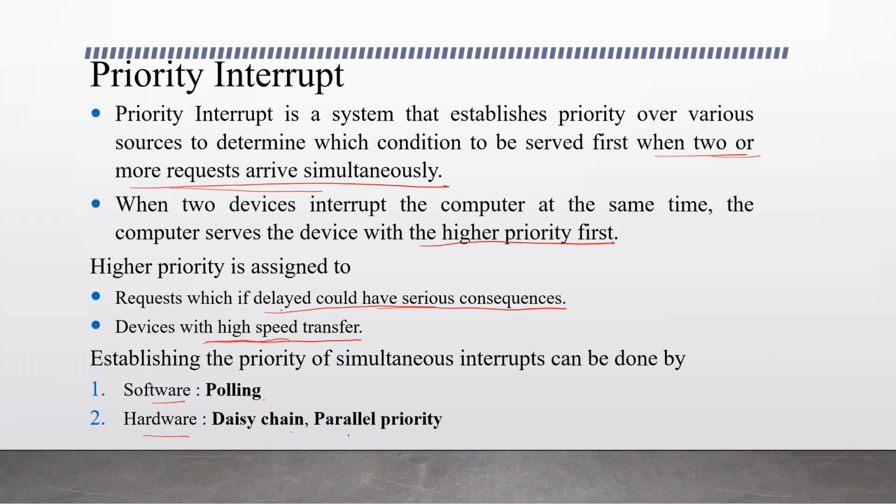These methods use hardware to establish the priority of simultaneous interrupts. Using these methods, priority is assigned to interrupts, and based on the priority, the CPU services the interrupts in that order. This method is priority interrupt.